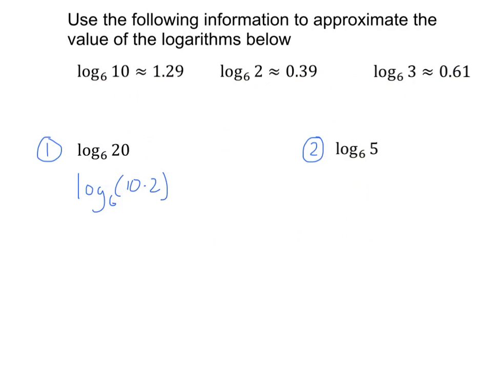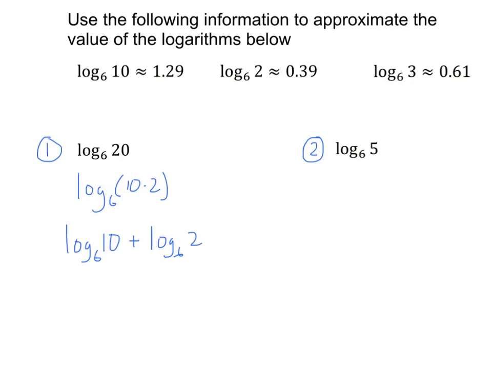So I could rewrite this as log base 6 of 10 times 2. And with my properties of logarithms, when I've got a product, this is equivalent to log base 6 of 10 plus log base 6 of 2.